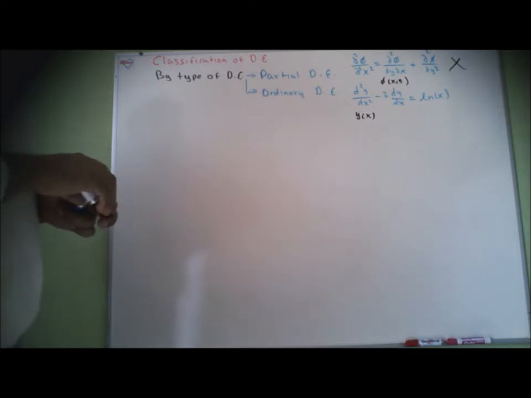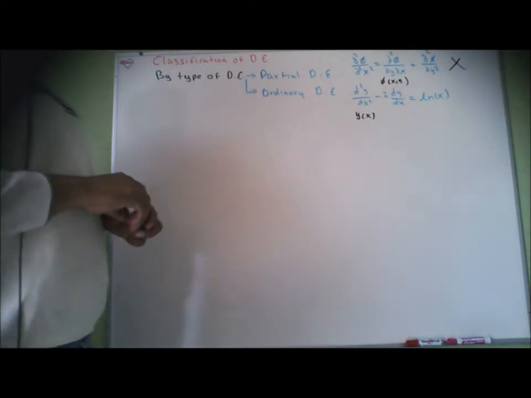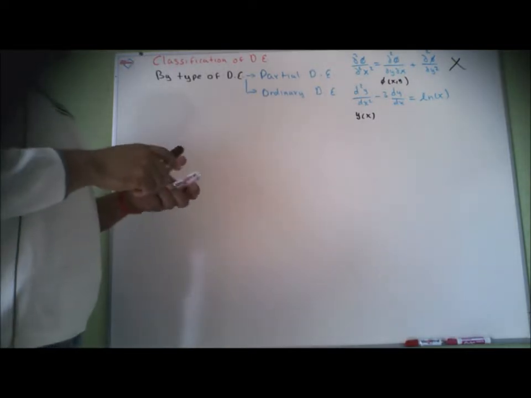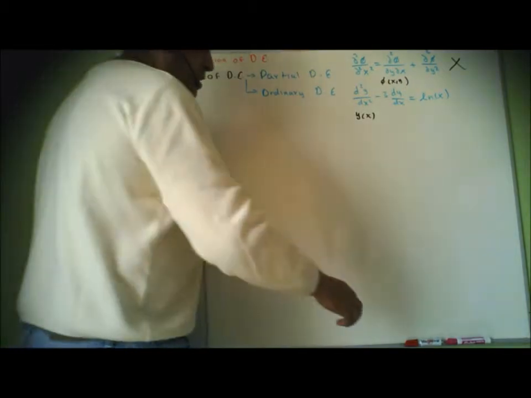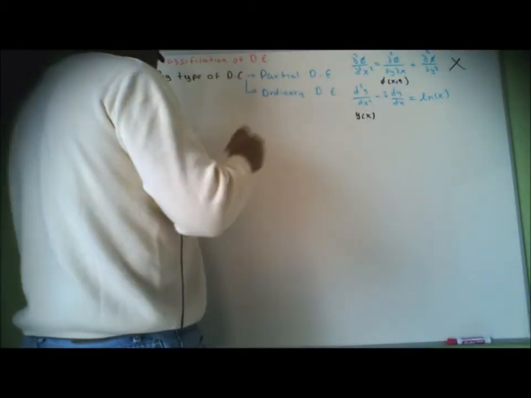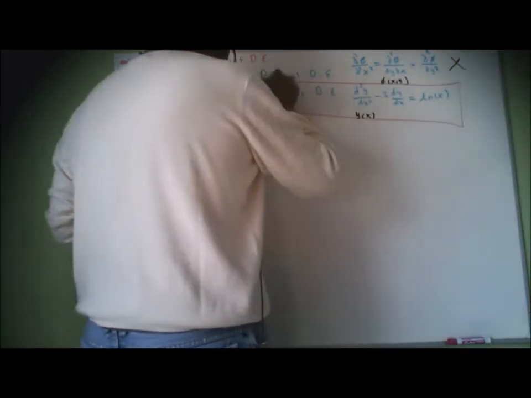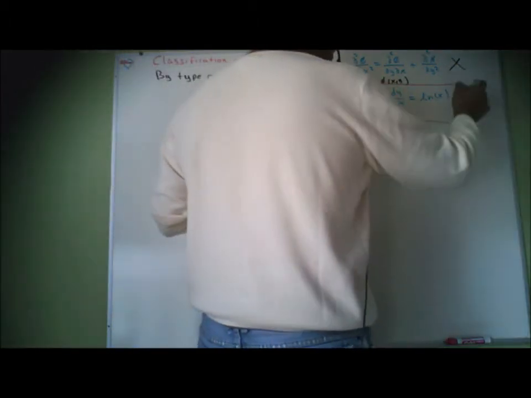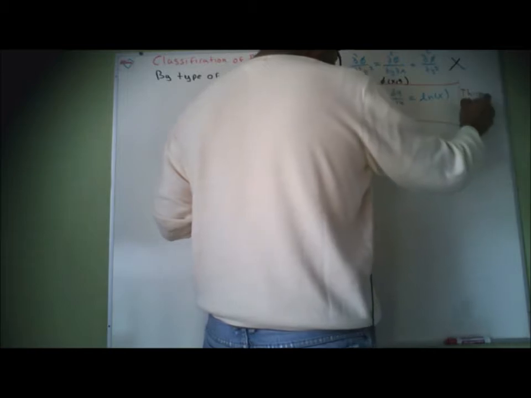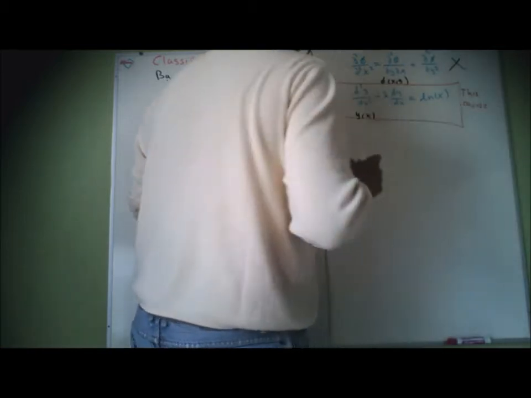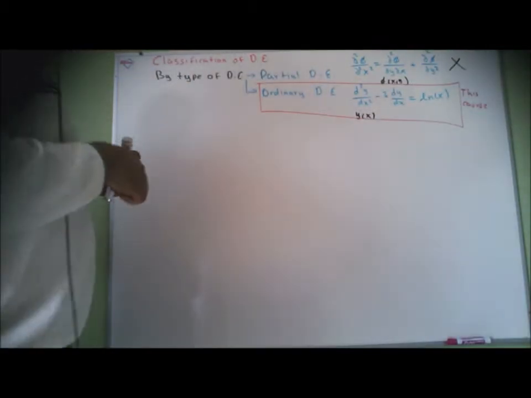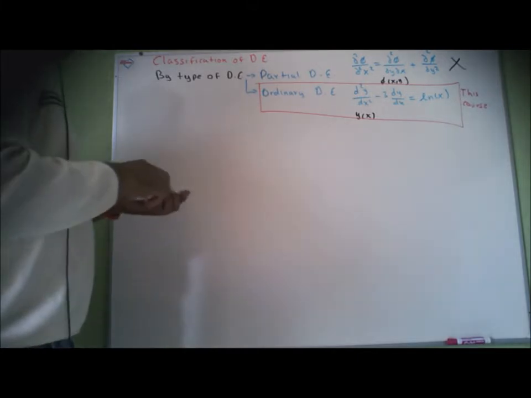We would need another semester, and not only one, but several semesters. What we are going to do in this course is solve ordinary differential equations. Those are for this course. So that is the first one, the type of differential equation.